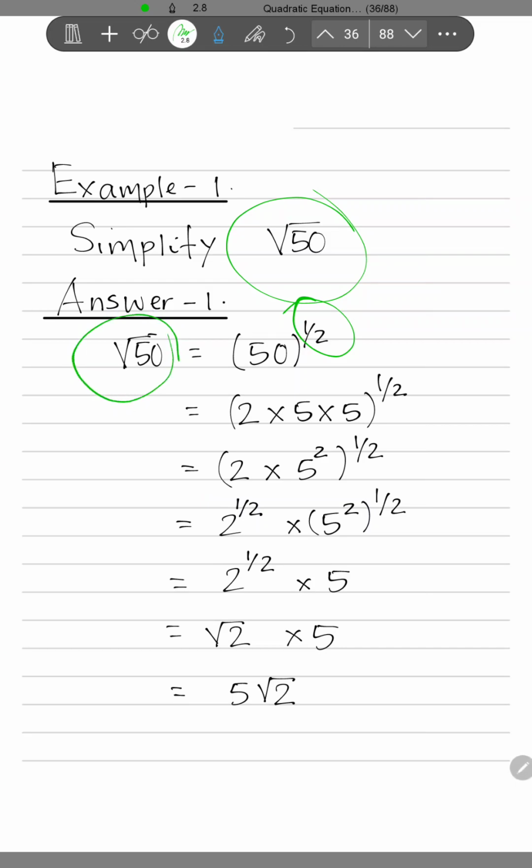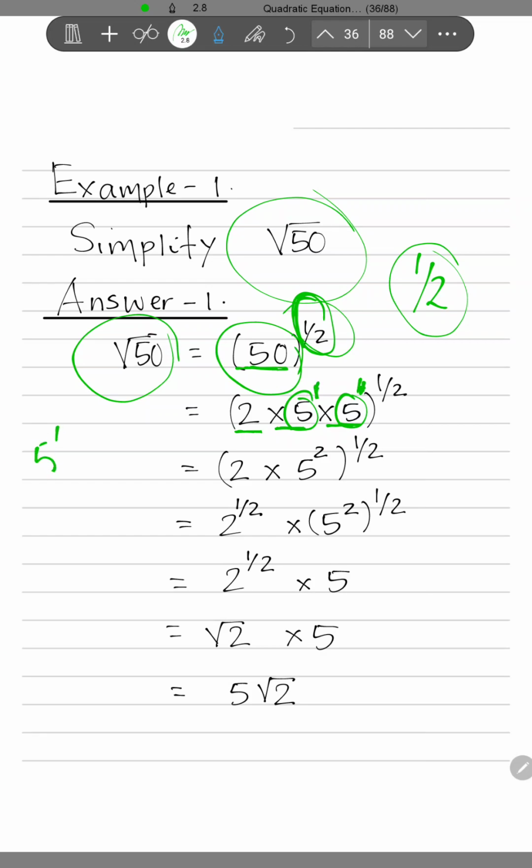The square root of 50 is 50 to the power of half. 50 is 2 times 5 times 5. When we have like terms here, 5 and 5, they have an exponent of 1 in each of them.